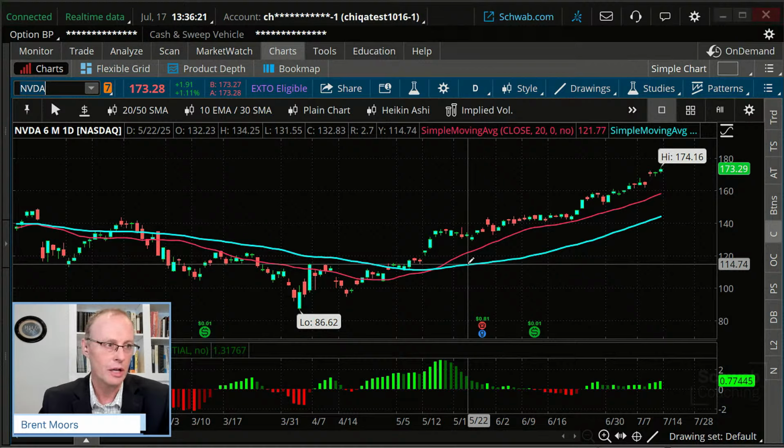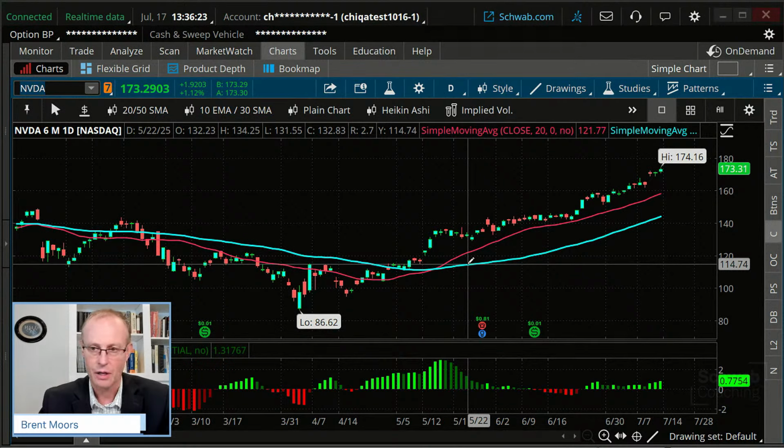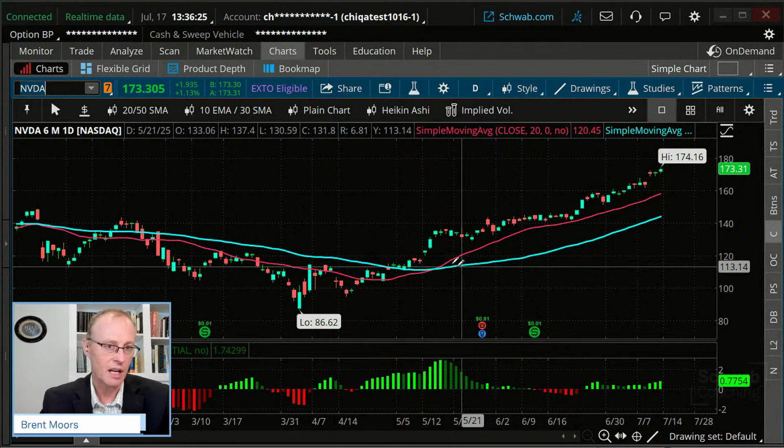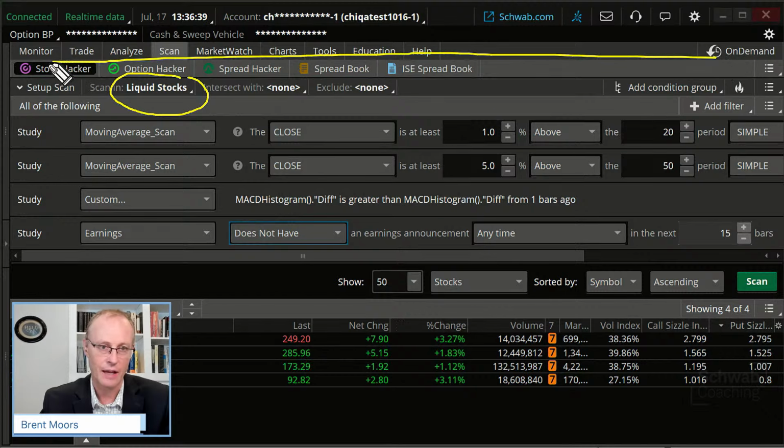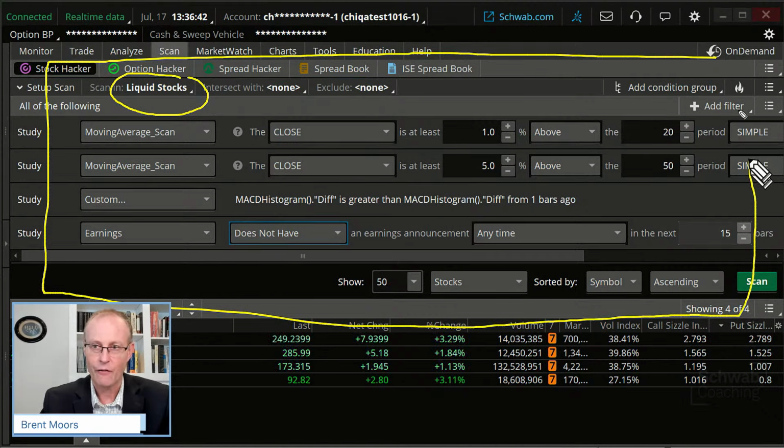Okay, let's save that scan. Remember, this is a scan. We've got a scan within a scan. We have the liquid stocks scan as part of this scan that we've created. Now, if later I delete that liquid stock scan, I don't even know what would happen to this scan.